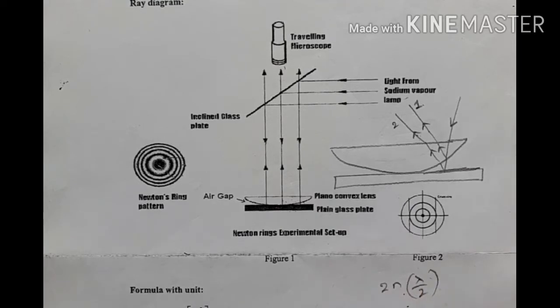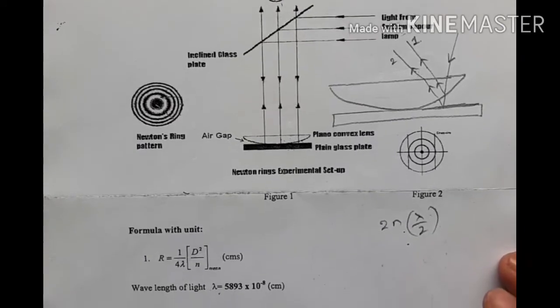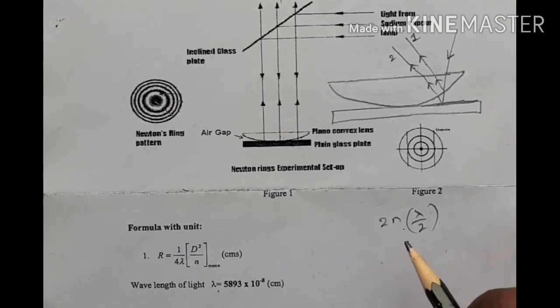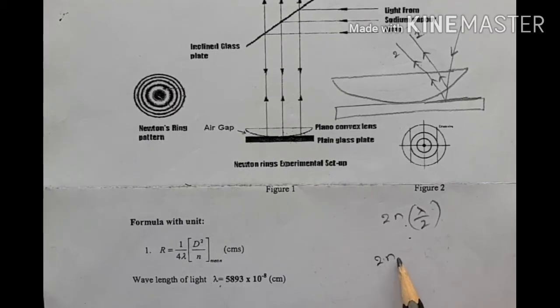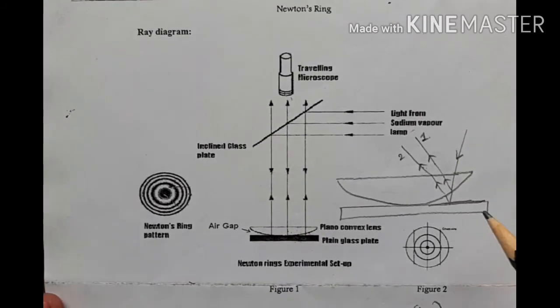For the destructive interference, the path difference should be an odd multiple, that is (2n plus or minus 1) lambda divided by 2. Here we can take plus, or we can take minus to get the odd multiple of lambda divided by 2.